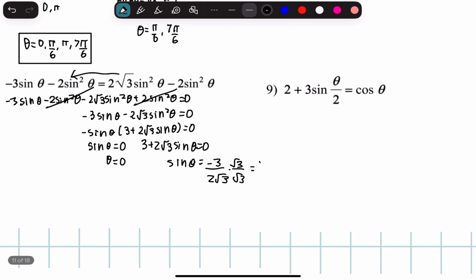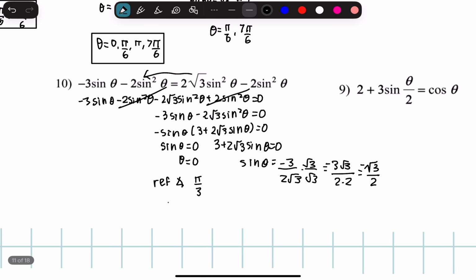So now you have negative 3 root 3 over 2 times 3, and that's going to be equal to negative root 3 over 2, and this is going to be the reference angle. Let's get a reference angle of pi over 3.